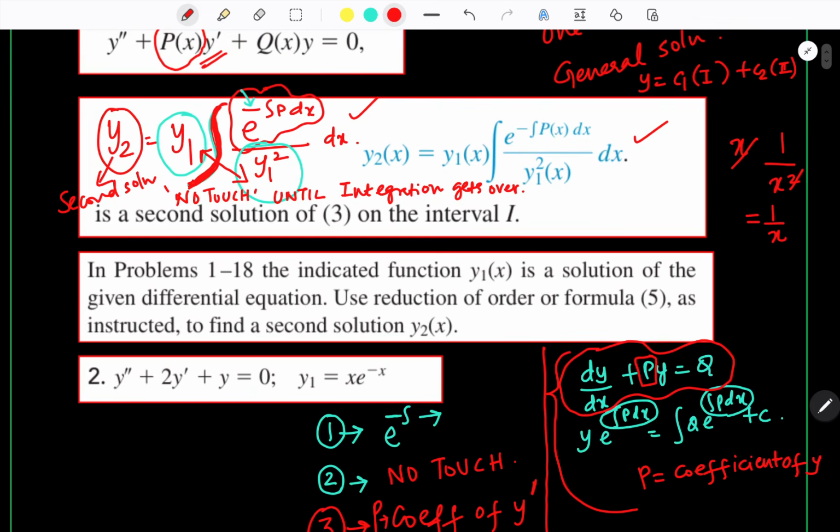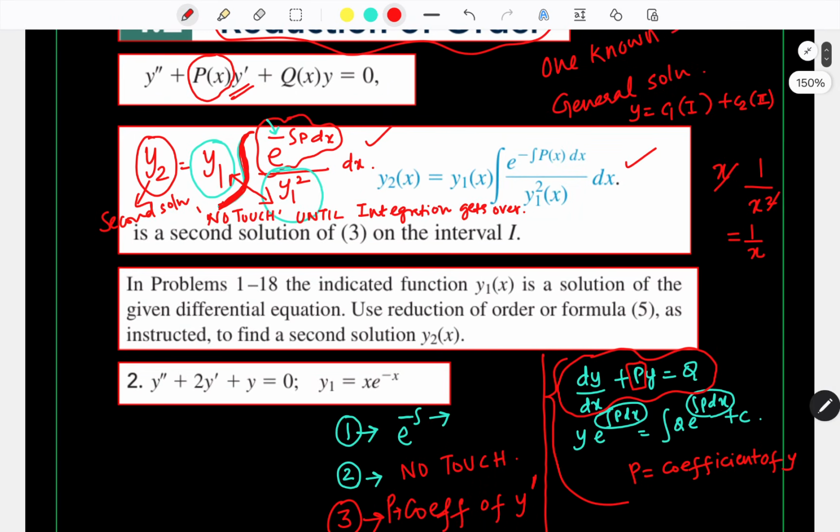Once again, I'll repeat. Be careful. The first thing is you need to remember the formula. But the three points which you are going to remember: first, e power minus integral p.